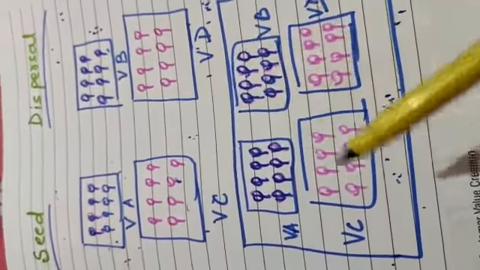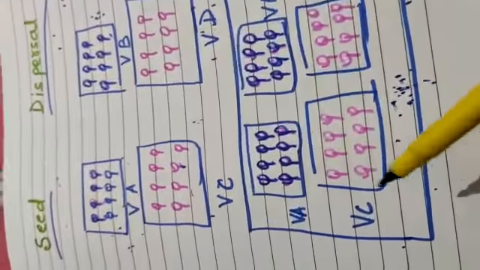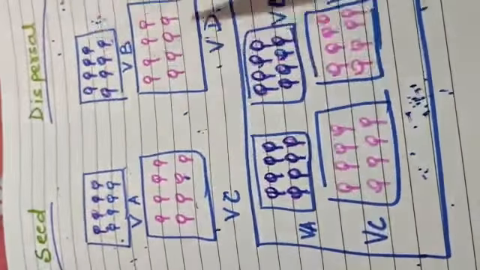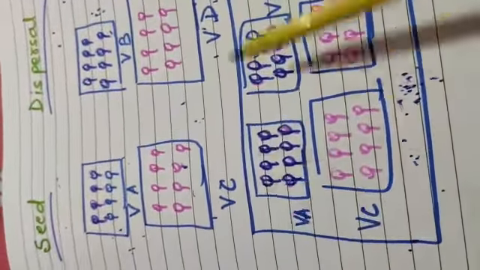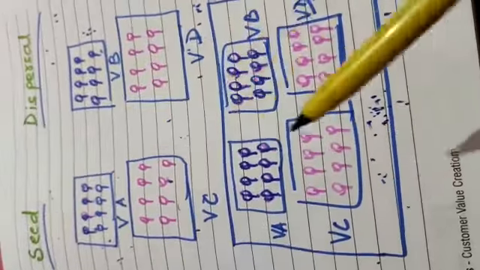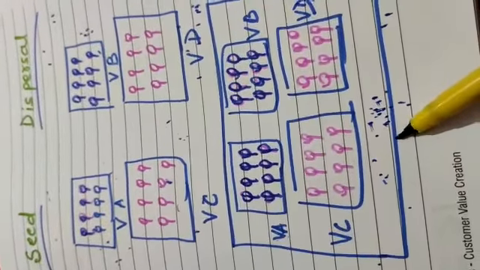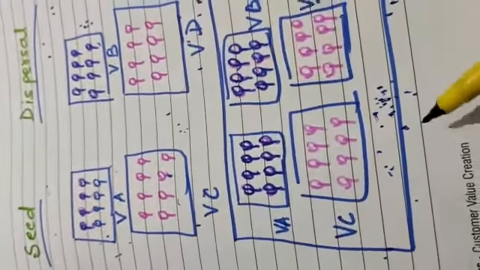Then what is the difference between the different sections and one classroom? There are great differences between this and this.